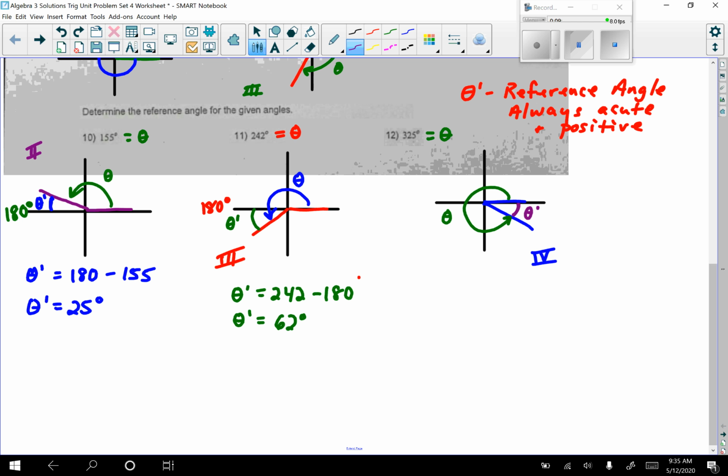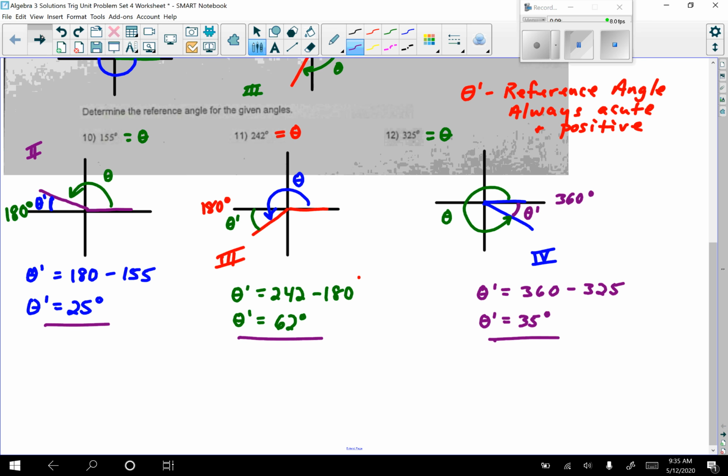How much further do I need to go to get back to 360? So theta prime is going to equal 360 minus 325, which will just give me 35 degrees. That's my reference angle. So notice all these reference angles are acute, meaning they're less than 90, and they're positive, because again, we're kind of looking at distance here, but distance measured as a degree.